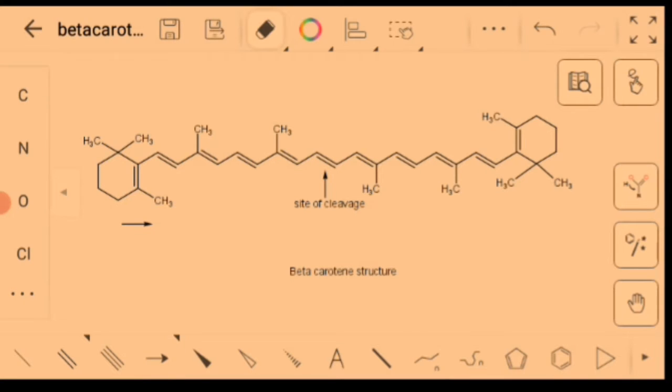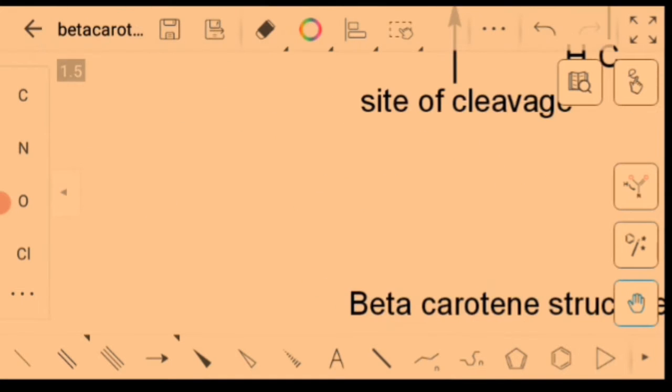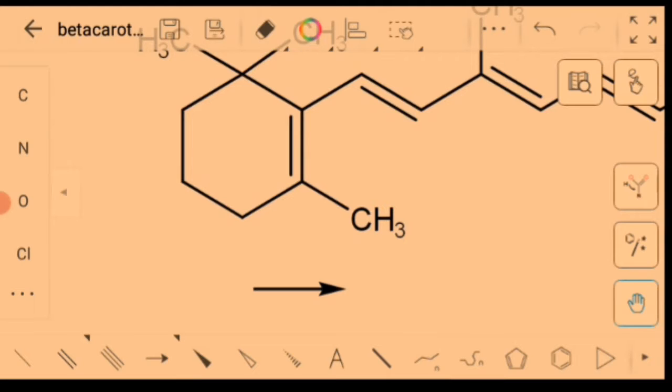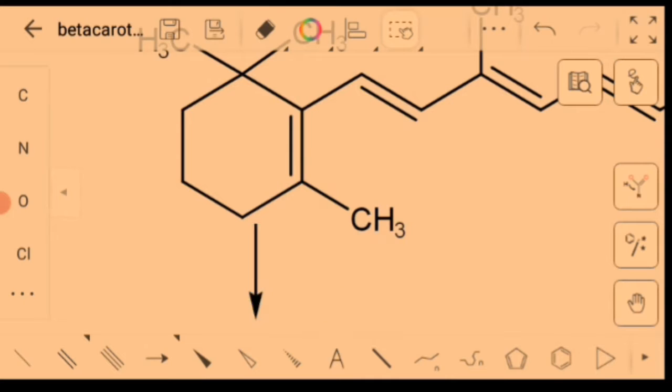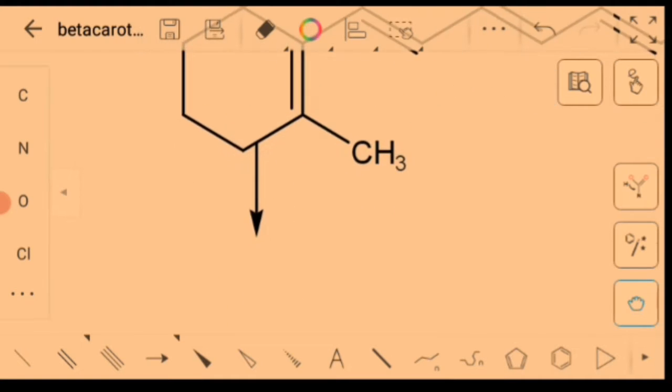Okay, I'm going to label the structure now. So this structure here, yes, this very one is the beta ionic ring.